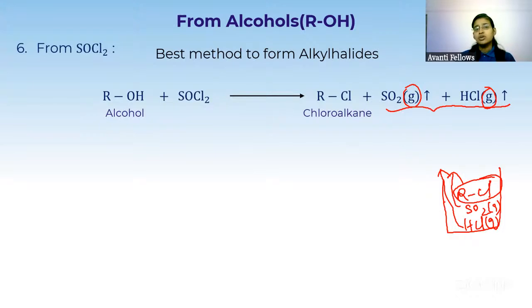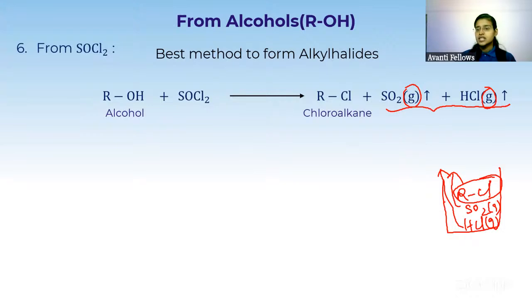So we have to use separation techniques to separate the haloalkane from the byproduct which we got. So it will take some time. So to avoid that, to get the haloalkane easily in a shorter period of time, we can go for the sixth method of preparation. Okay. So these are the 6 methods of preparation of haloalkanes from alcohols.